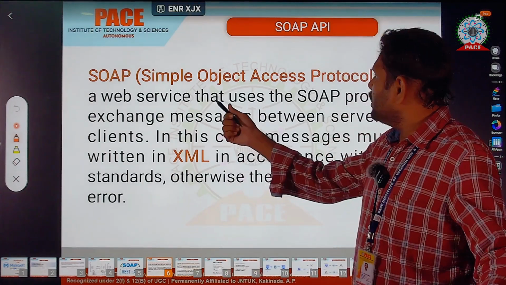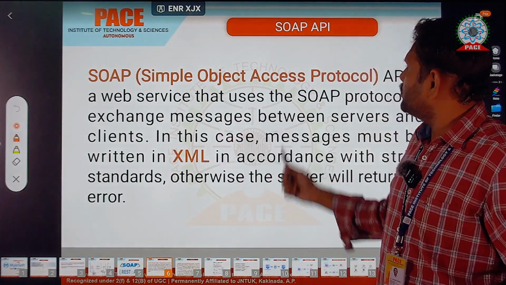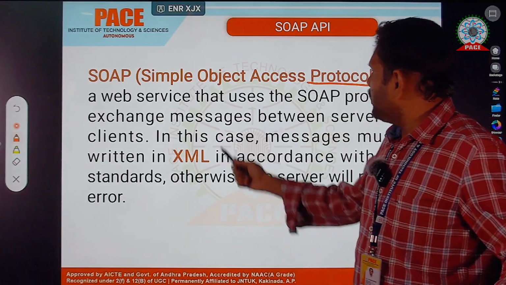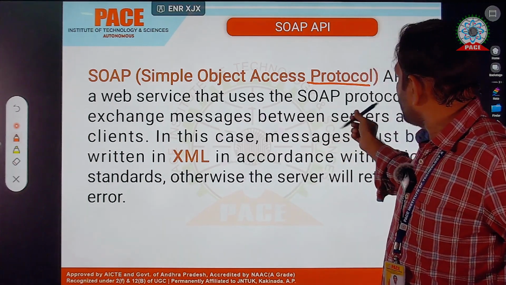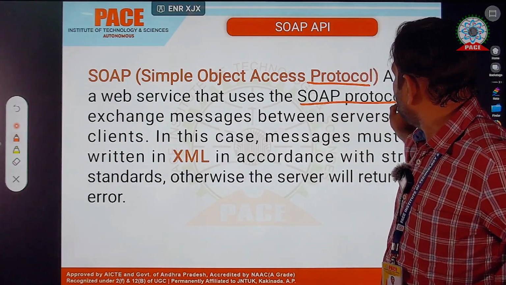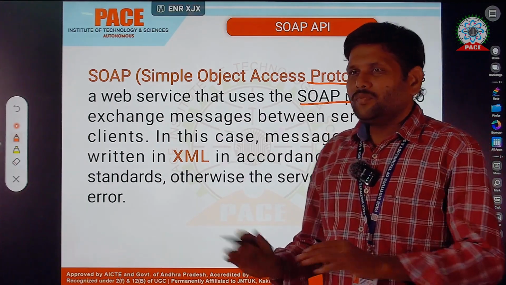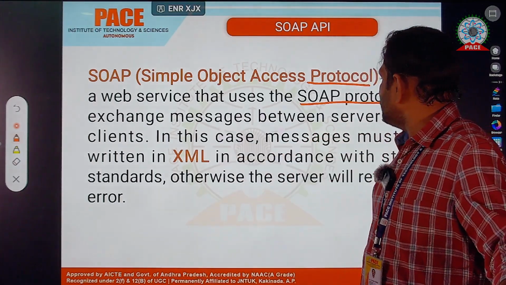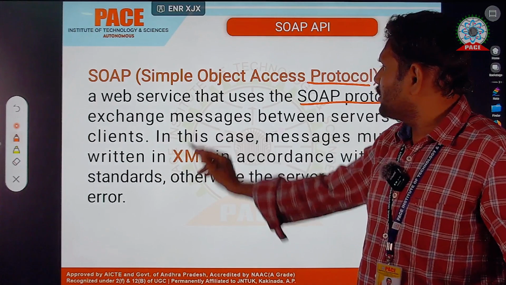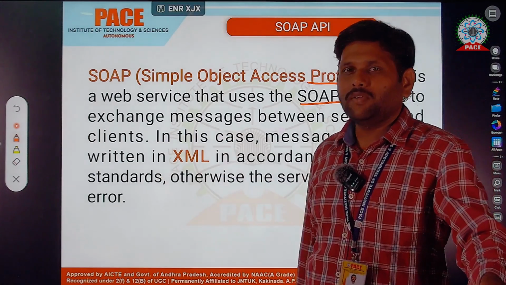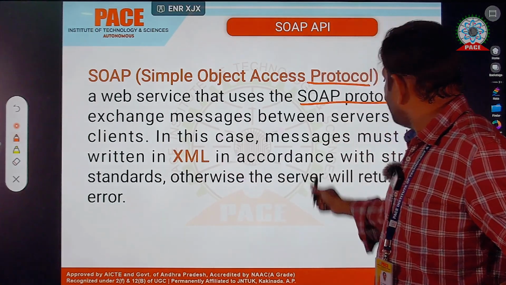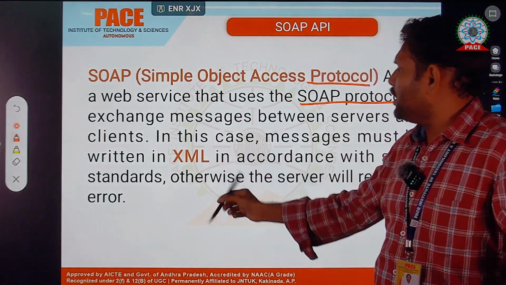SOAP is the abbreviation of Simple Object Access Protocol. That means it's a protocol first, and it is a web service that uses the SOAP protocol. What is the API for? It is for integration, that means to exchange data. It can exchange messages between servers and clients, like the client and server request and response we saw in the previous slide. In this case, the messages must be written in XML.